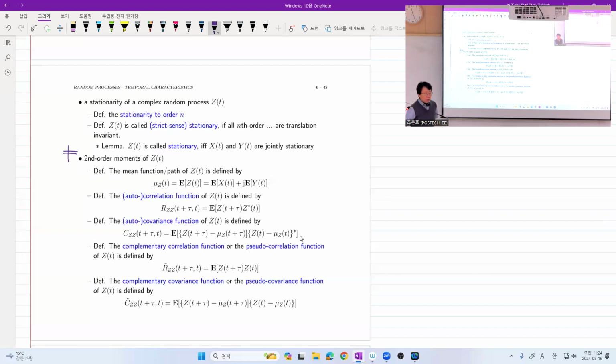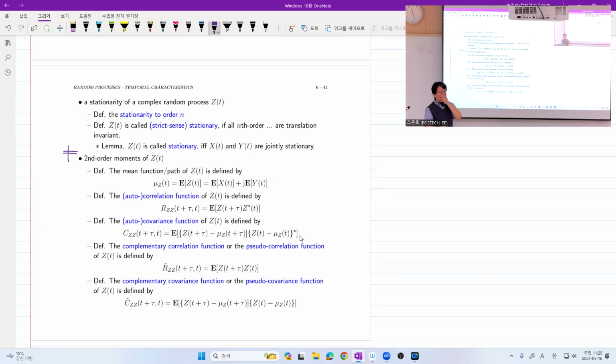Next, let's take a look at the first order and second order moments of the complex valued random process. So given a complex valued random process Z, we may take the expectation of it. At each point t, we have a complex valued random variable. So this expectation can be computed by what?